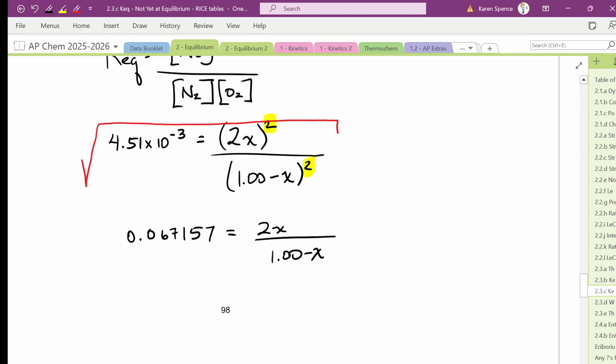I want to see if you guys can do the algebra on this. Try the algebra on it, and then I'll show you.